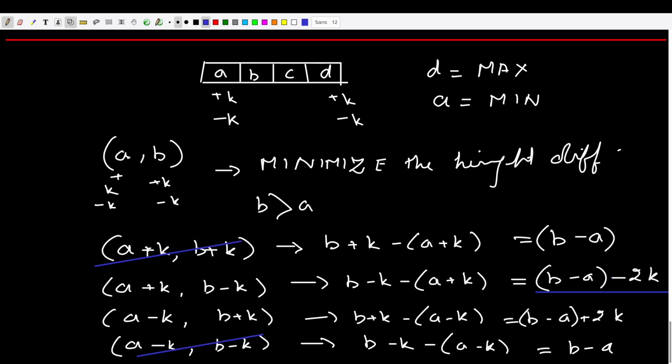So in a sense, what I was trying to say here is basically if my pair is A and B, and I want to minimize the height, right?